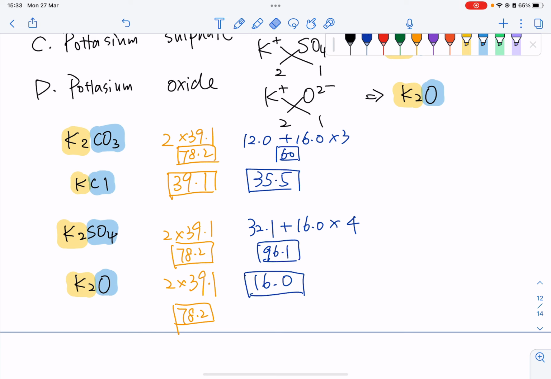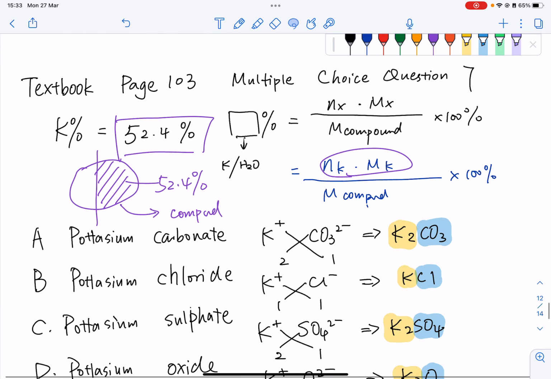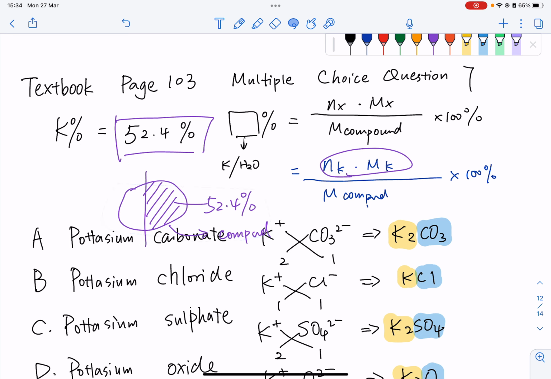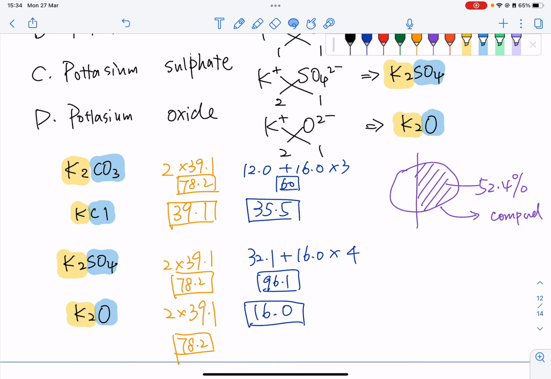So we have different numbers here. Let me drag it down to represent the pie. The 52.4 is potassium, which means potassium is greater than the rest of it. The rest of it will be highlighted in blue color here.